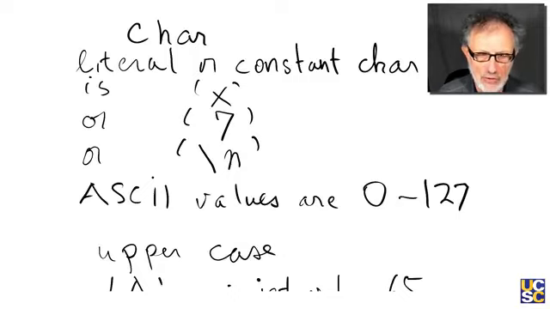And then, for example, there are also, and we've already used them, non-printing characters, characters that don't show up directly on the screen but do something. And the most common one is \n, which tells you to advance to a new line.